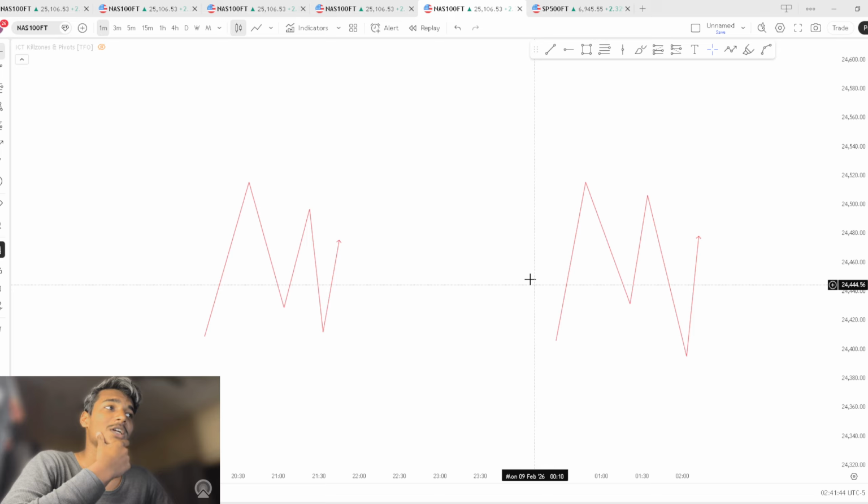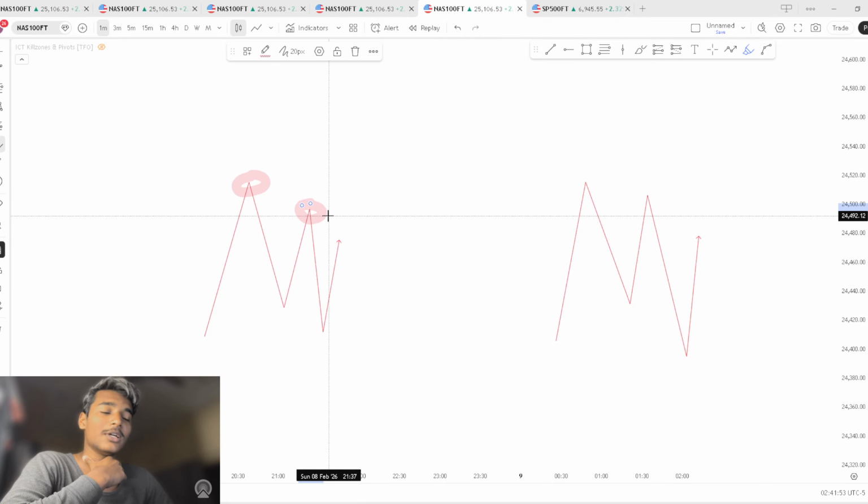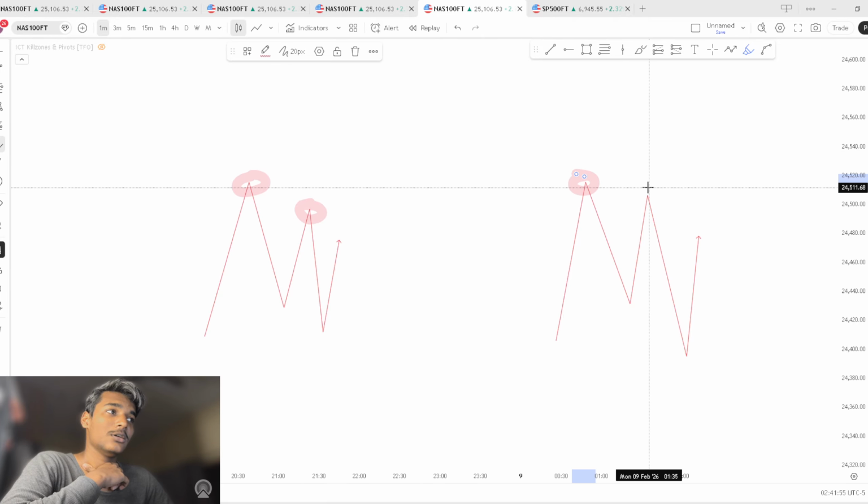Yes, so we have two scenarios in which the market is moving like this, and we can see that at this area and at this area we have swing highs, and same as here we have swing highs.